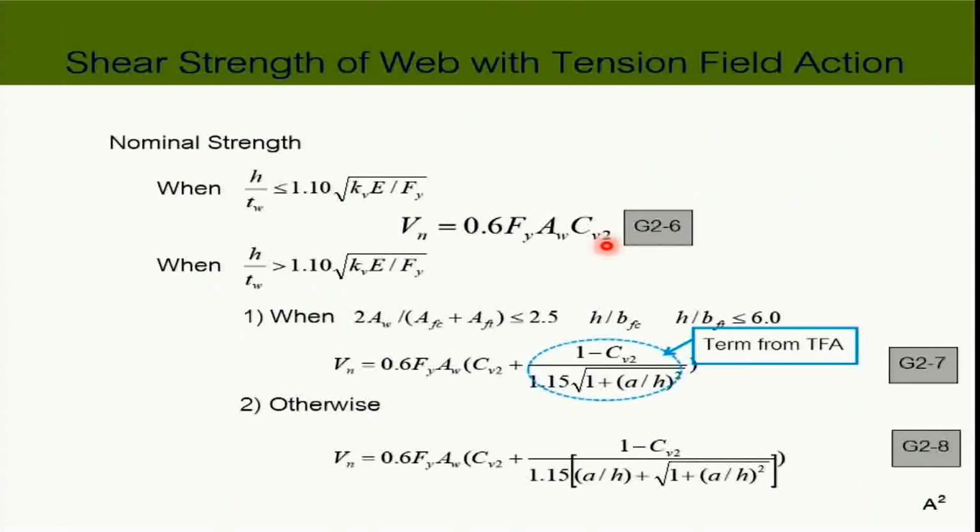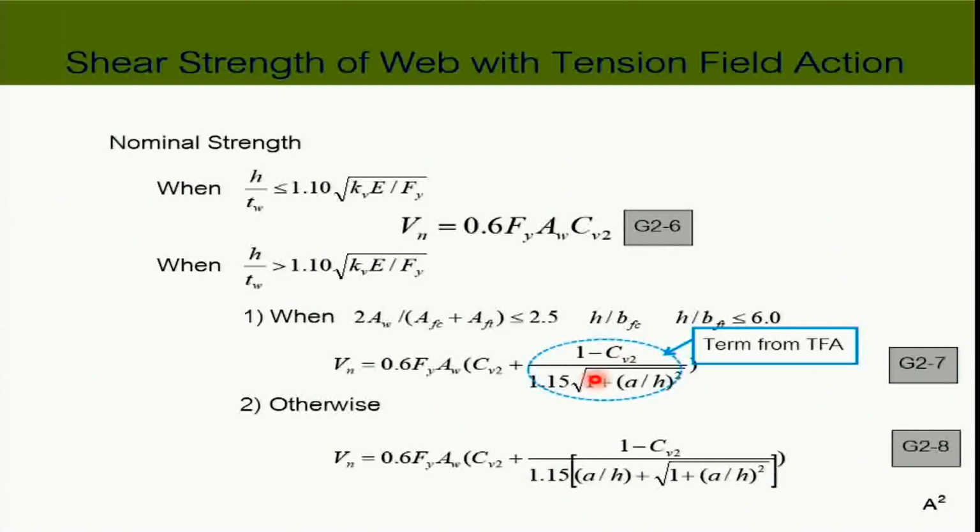Because, I don't know. And in the previous spec, we only had this formula. Because they would just limit that, okay, you must satisfy this condition and that condition for the plate girder. When you satisfy these conditions, you can have the post-buckling strength.